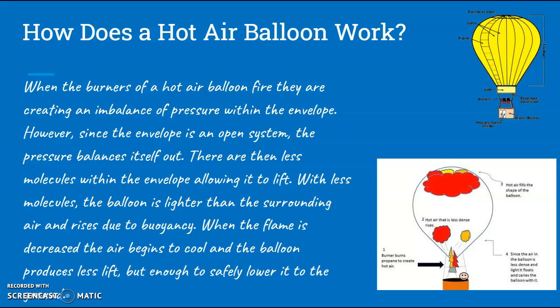Well, the burners of the hot air balloon produce heat in the balloon, and PV equals nRT. When the temperature goes up, the pressure goes up in a fixed volume.